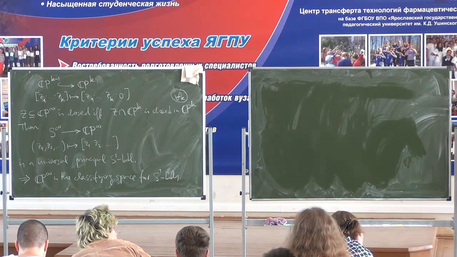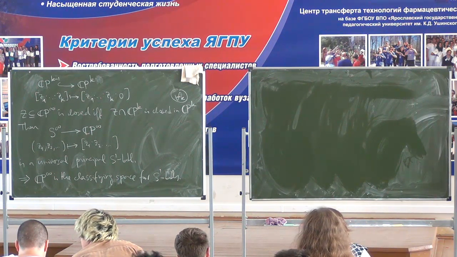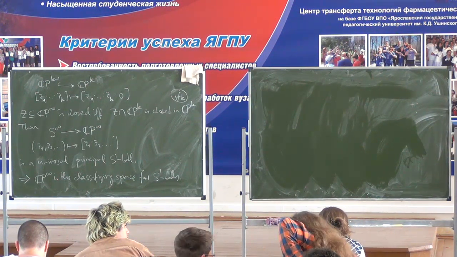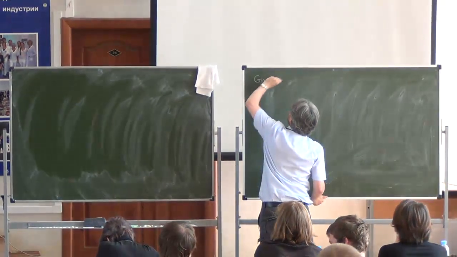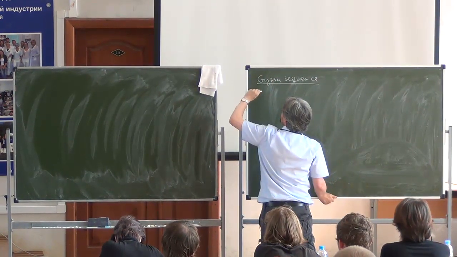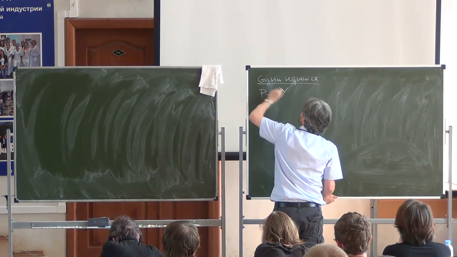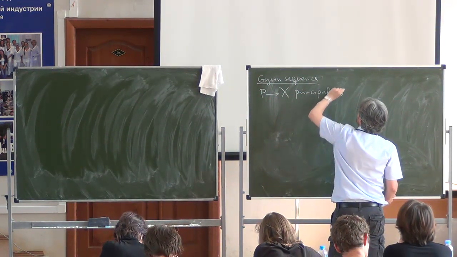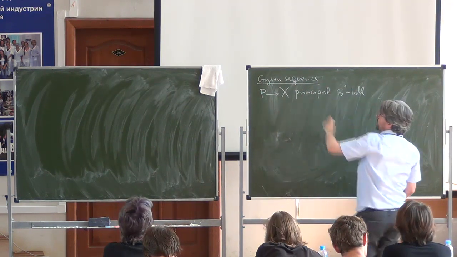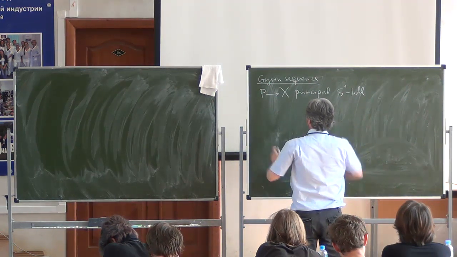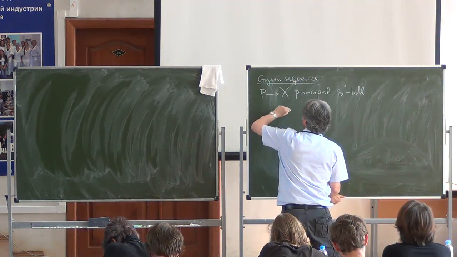I guess everybody's familiar with Gysin? No? Let me just state the general fact, and you can look at the textbook for the proof. So if you have a principal S1 bundle over a space X, then you can construct the following sequence.